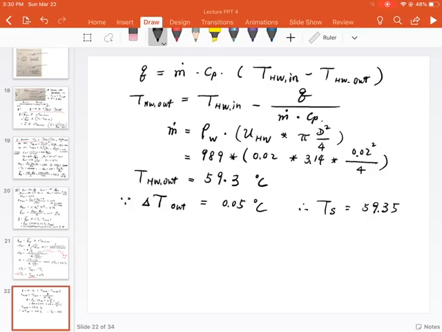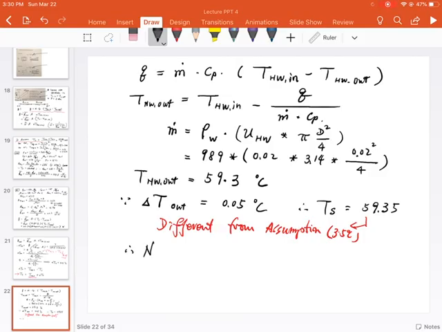As you can see, this is different from the assumption. Therefore, we need to reiterate.